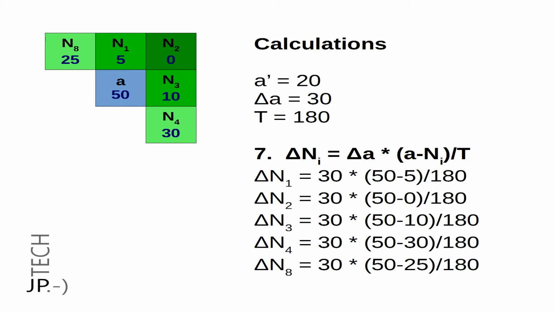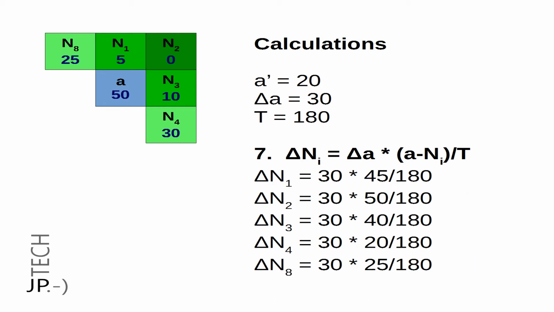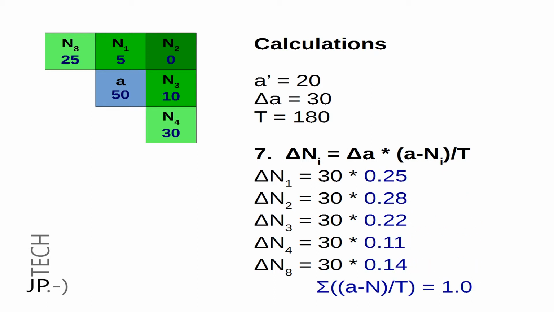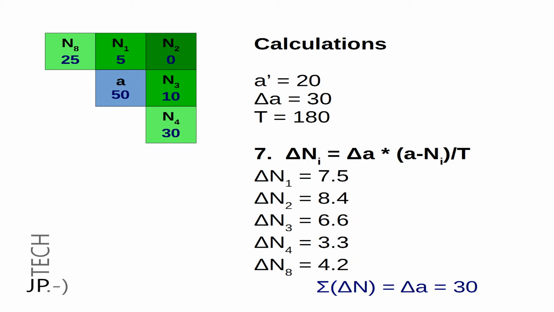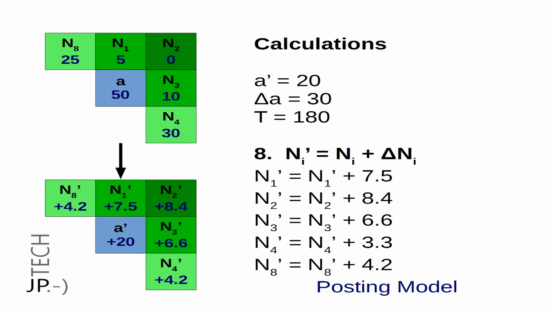As we substitute the values of n, subtract, and then divide, we see that we're left with decimal numbers that, if added together, add up to 1. So the sum of all of these little pieces is equal to 1, and then we use that as a percentage of delta A to distribute to that neighbor. The next step is to post all of the little pieces of A into the right boxes to reflect the new value for A and its contributions to its neighbors.